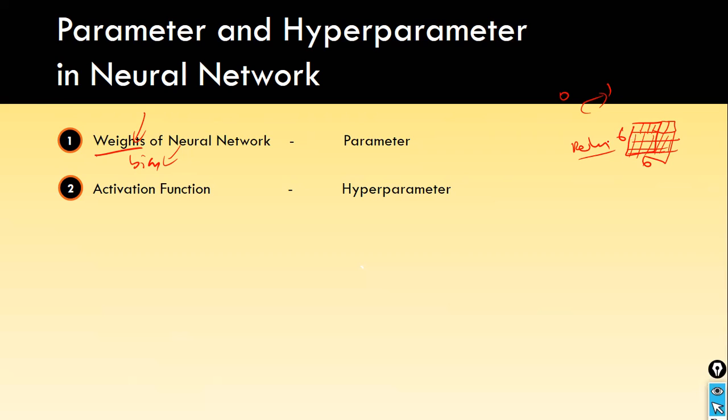If it converts the values to between 0 and 1, you cannot identify the objects that are part of this image. Hence, it uses 0 to infinity with ReLU, or minus infinity to plus infinity with leaky ReLU.